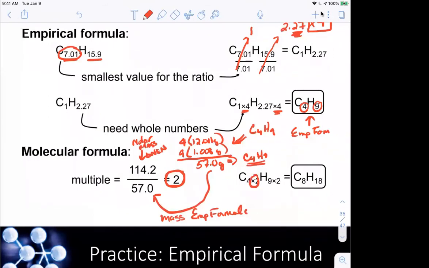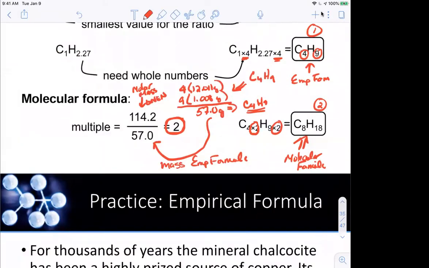So I need to multiply each one of those subscripts by 2, and that is going to be the molecular formula. So this is the answer to question 1, and this is the answer to part 2. So let's practice.